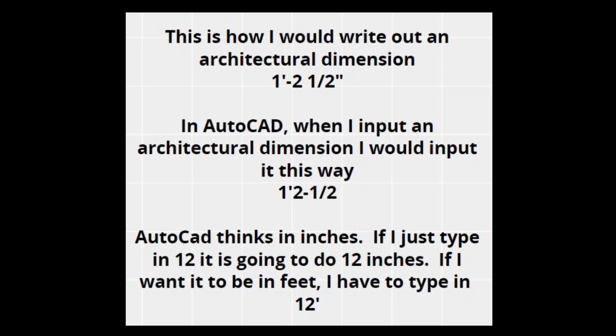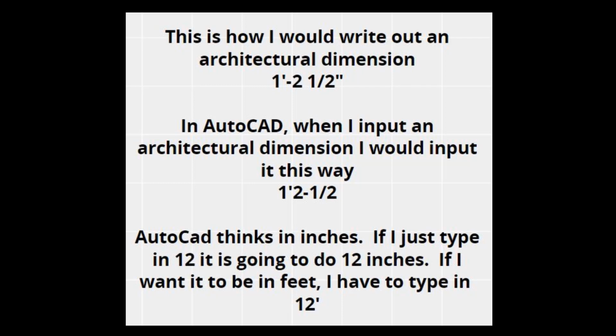So if I were hand drawing a drawing, or I was putting in some information, if I were to write the dimension of 1 foot 2 and 1/2 inches, the top line would be how I would write it. I would write 1 with the foot mark, then I would have my dash, and then I would have 2, then I would leave a space, and then I'd put 1/2 inches.